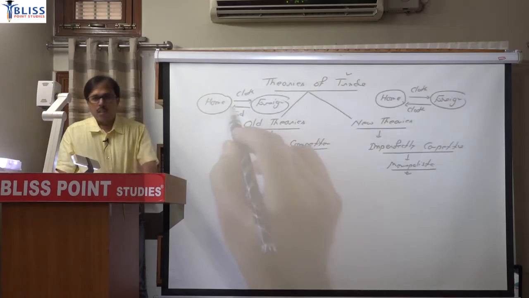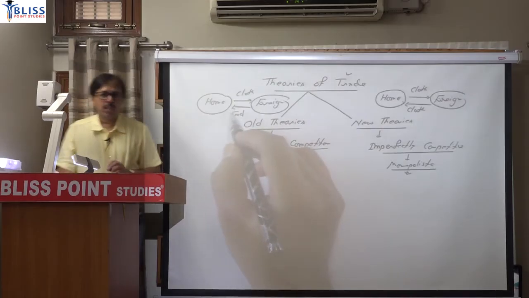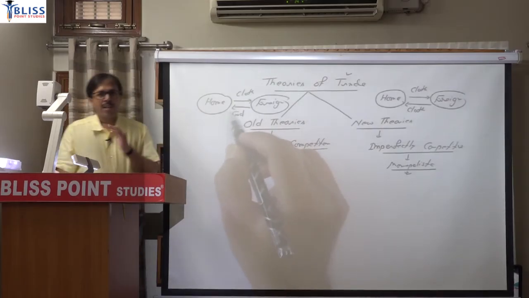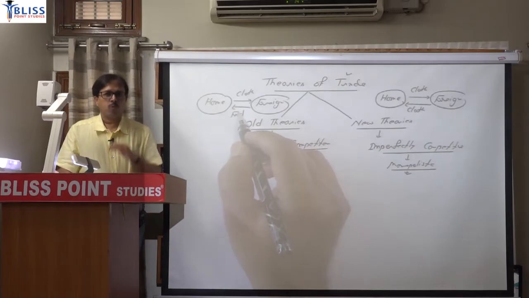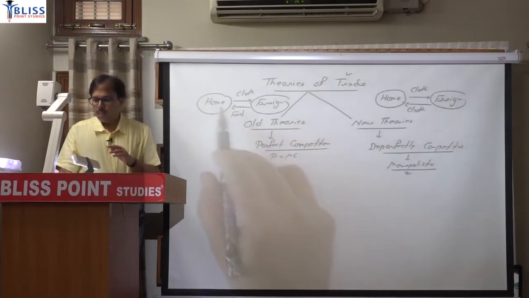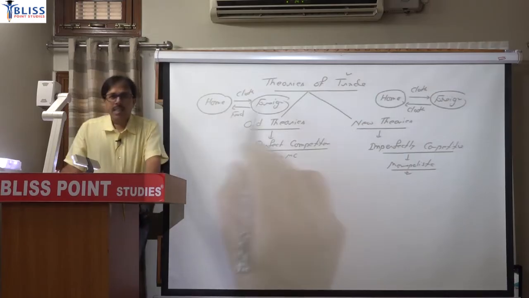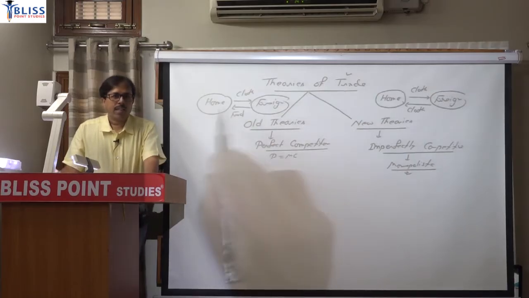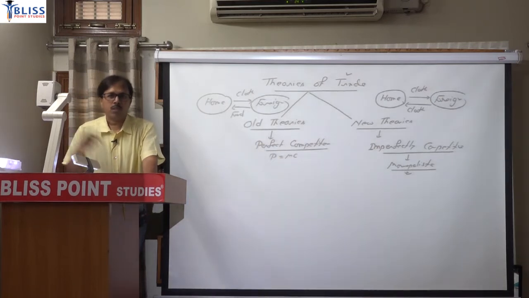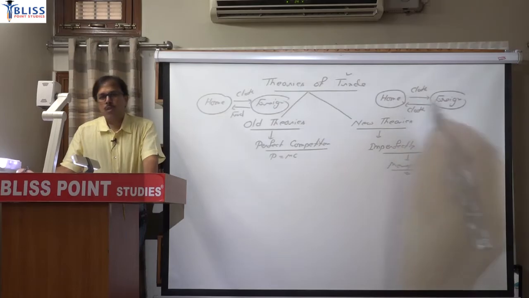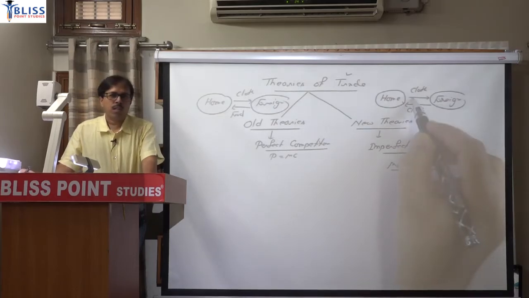So the pattern of trade between two countries is that you are exporting cloth and importing food. This is basically inter-industry trade. Inter-industry trade is when you are exporting one product and importing the other product. But if you are exporting cloth and importing cloth also, then it is called intra-industry trade.